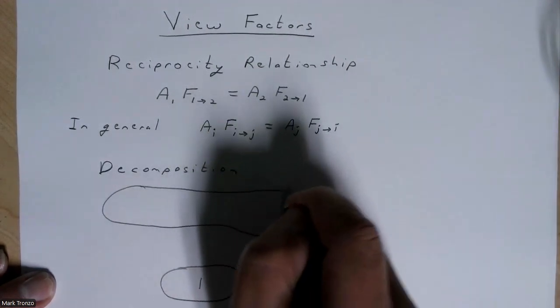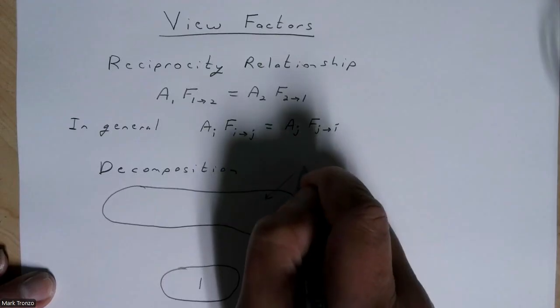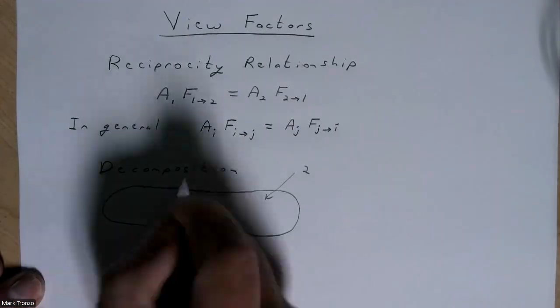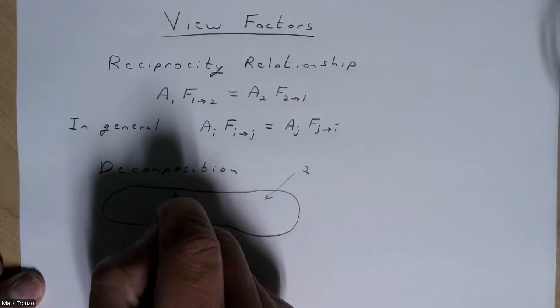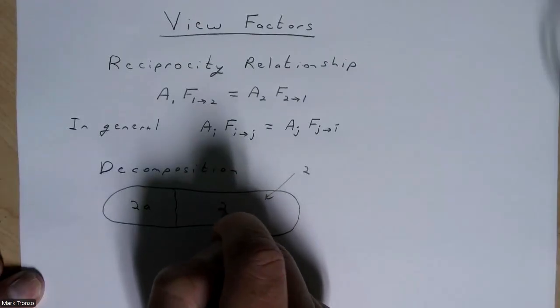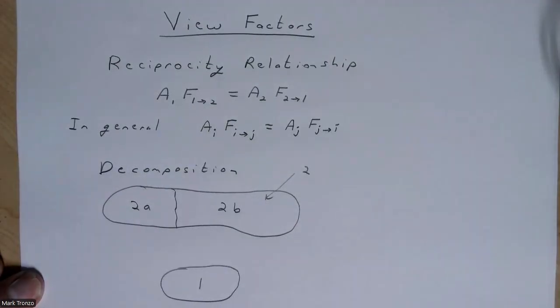Let's call this whole thing number 2. But let's say number 2 is broken up into a couple of parts. Maybe call this 2A and 2B.